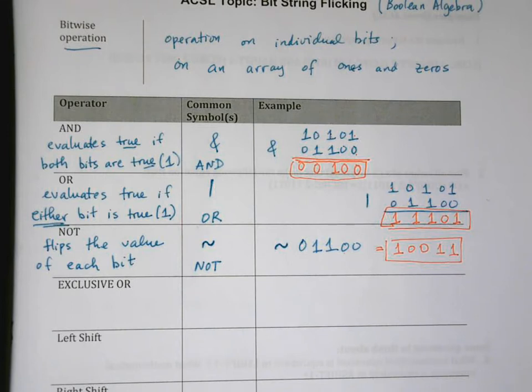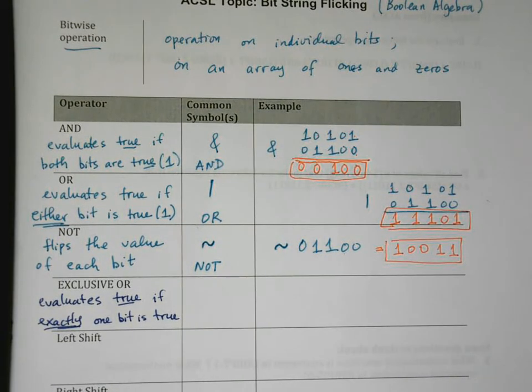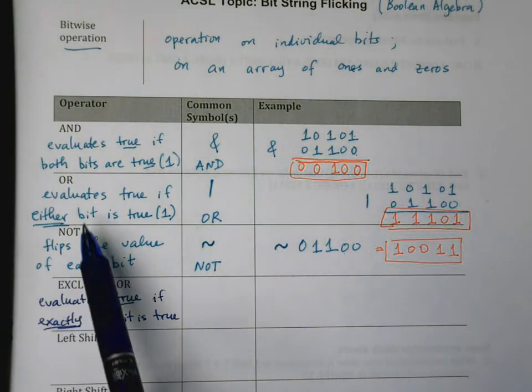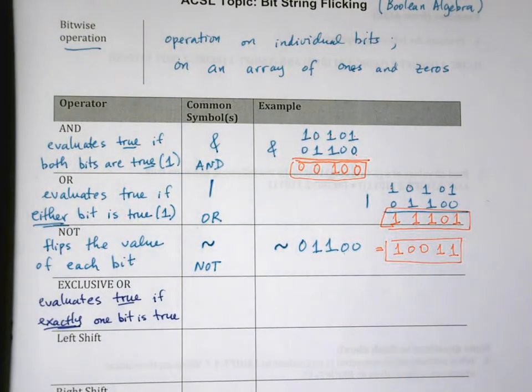So next we have what's called the exclusive OR operator, and this evaluates to true if exactly one bit is true. So this is a little bit different than the normal OR. The normal OR is either bit, or both of them could be true. This is exactly one bit. You can't have two bits.